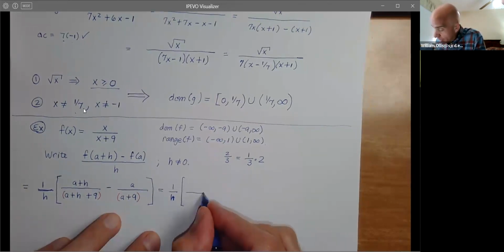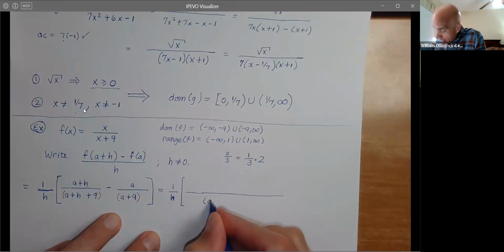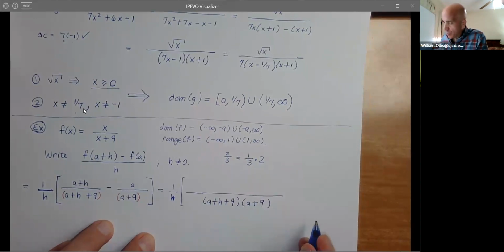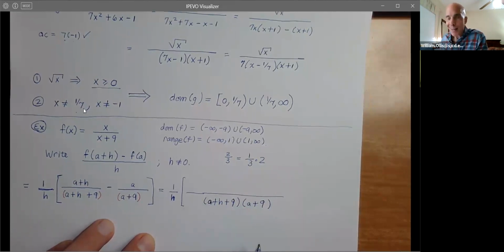So let's do a fraction bar. So we have A plus H plus 9, and we have A plus 9. Now be sure to write the 9 so they don't look like A's. You know, that's the thing. Don't put a tail on the A that makes it look like a 9.